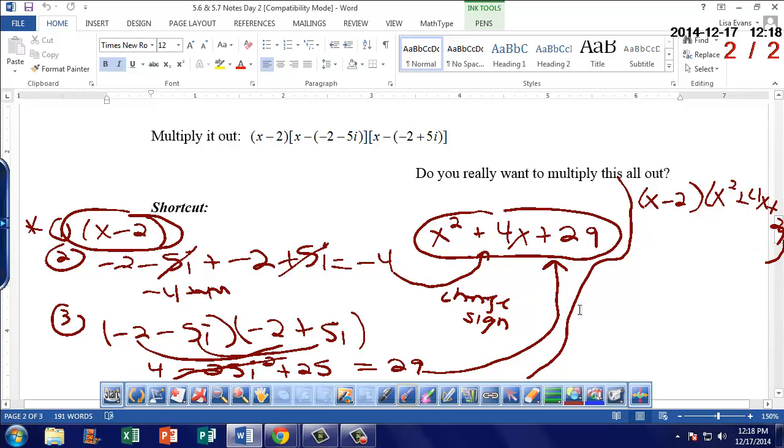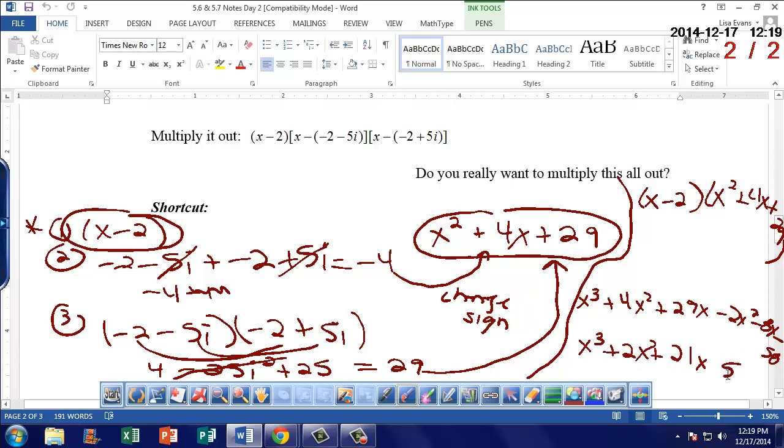When we do that, we get x cubed plus 4x squared plus 29x minus 2x squared minus 8x minus 58. Go ahead and add up our like terms. We get x cubed plus 2x squared plus 21x minus 58. Look, I had 3 solutions, and I have a polynomial with degree 3.